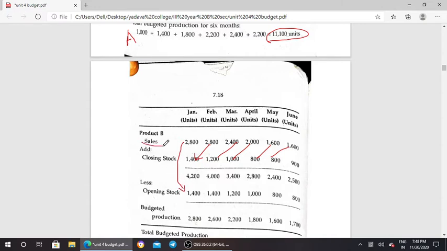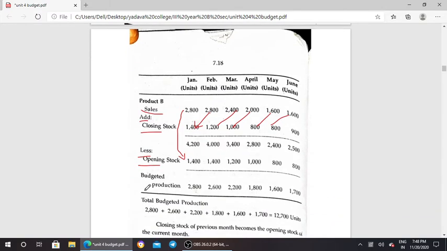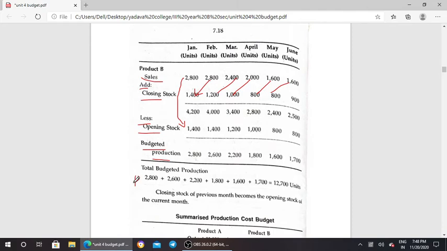Same procedure: sales plus closing stock less opening stock gives the budgeted production. When we add all these, we get total budgeted production of 12,700 units.